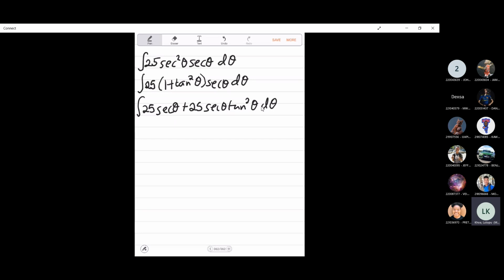And to integrate this one, we have to use by parts. So we have u is equal to tan theta. That means that du is sec squared theta d theta.